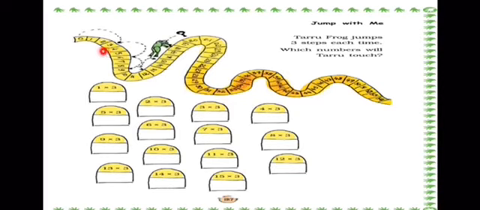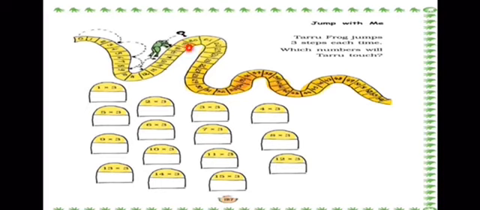Then after 3 again 3 steps he jumped, so it becomes 3 2s are 6. Then again 3 steps he jumped, so 3 3s are 9. Then again 3 steps, so 3 4s are 12. Then again 3 steps, so 3 5s are 15. Then again he jumped 3 steps, so he reaches 18. So 6 3s are 18.